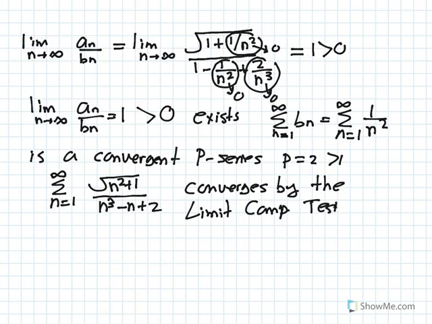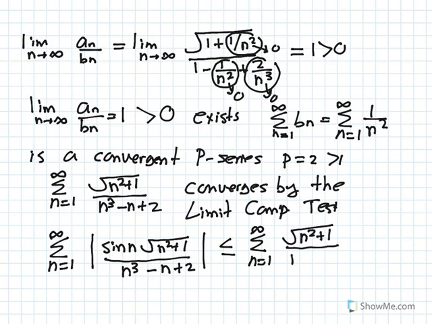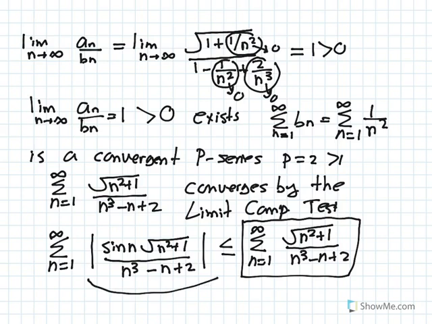And since the summation n equals 1 to infinity of the absolute value of sine n, root of n squared plus 1, divided by n cubed minus n plus 2 is less than or equal to the summation n equals 1 to infinity of root of n squared plus 1 divided by n cubed minus n plus 2, and we proved that this series on the right converges by the limit comparison test, so by the basic comparison test, the series on the left is going to converge as well.